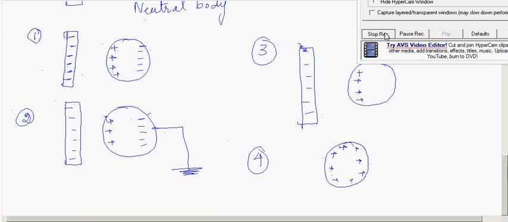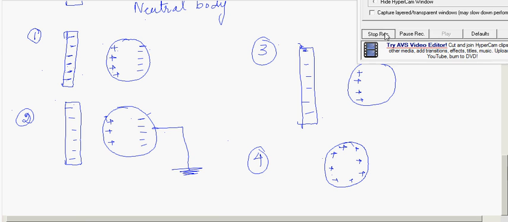Subsequently you remove this earthing. So the third step is remove the earthing. The negative charge is here, and the neutral body now has positive charges which are attracted towards the negatively charged body.